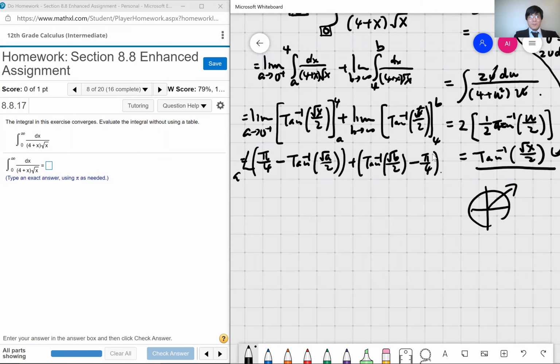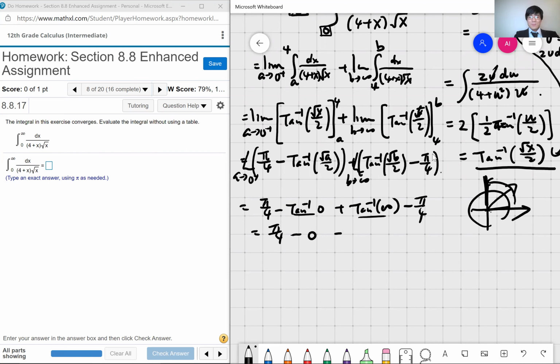Now you take the limit as a approaches 0 and the limit as b approaches infinity. So it's going to be pi over 4 minus inverse tangent of 0, plus inverse tangent of something that goes to infinity, minus pi over 4. Tangent becomes 0 at 0 degrees, and tangent becomes infinity at 90 degrees. So when you take the limit, it becomes pi over 4 minus 0 plus pi over 2 minus pi over 4, and that is equal to pi over 2. So the answer is pi over 2.